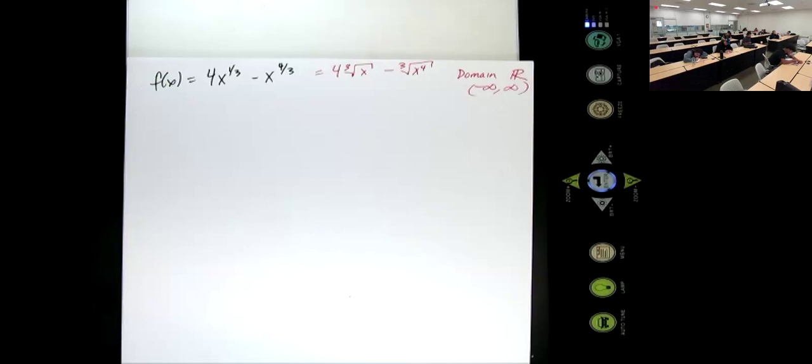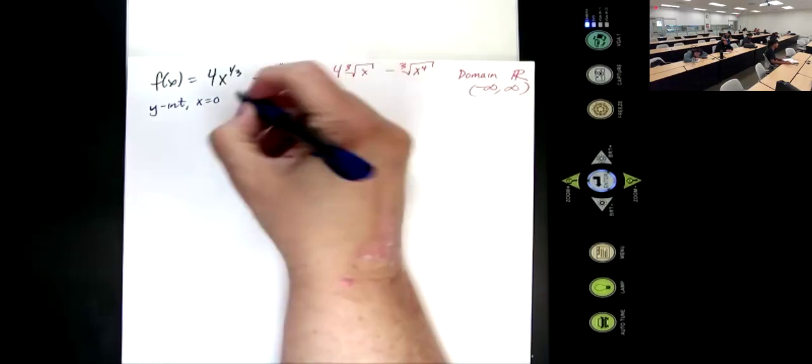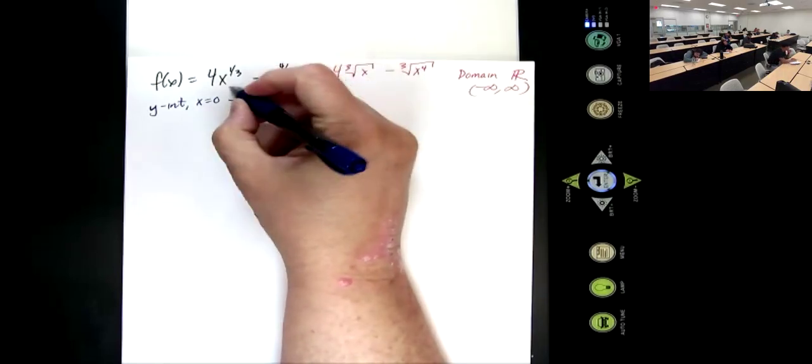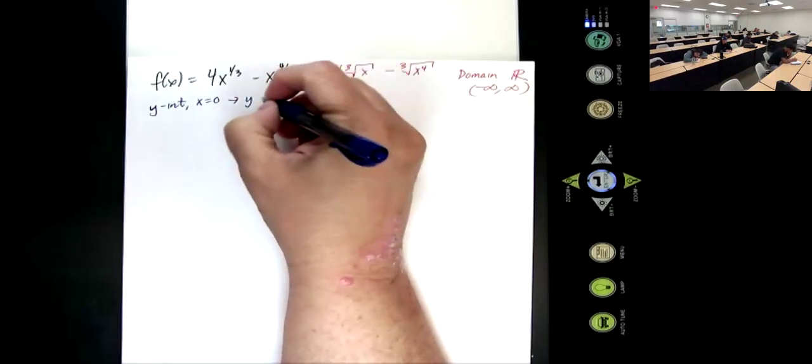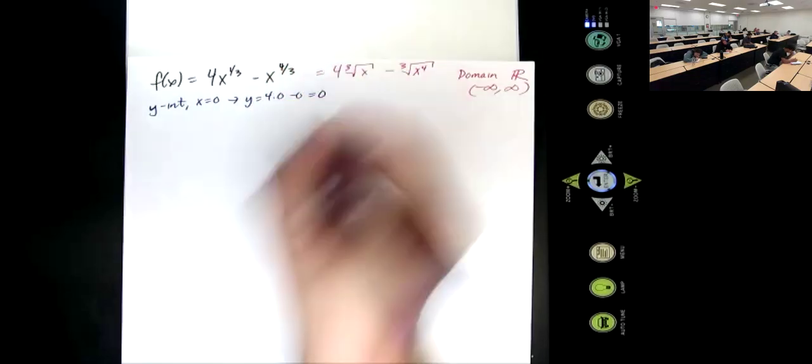If we want to find the zeros, we want to find our x and y intercept. Well, y-intercept is easy. Y-intercept, x equals 0. I get 4 times 0 minus 0 is 0.